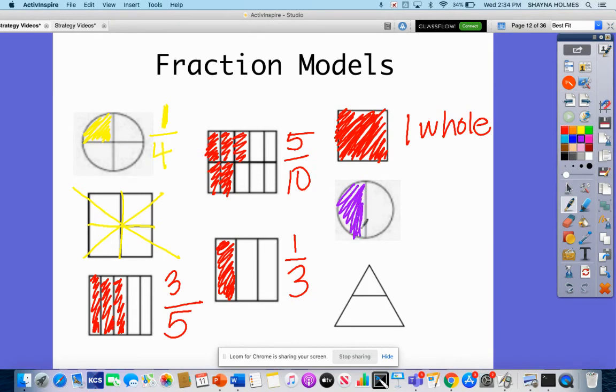Let's say that I color in this piece right here. I would have 1/2. 1/2 of this is shaded. So 1 is my numerator, 2 is my denominator. Look down here. This one kind of reminds me of this guy over here. We don't have equal pieces. This piece right here is not equal to this down here, so it cannot be a fraction.